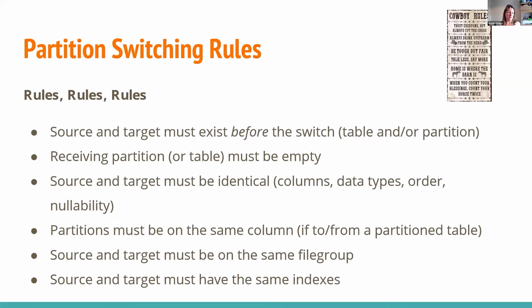So first and foremost, your source and your target objects have to exist. Partition switching does not create objects. You've got to first create your table before you can switch into it. So that one, I think, is kind of straightforward and self-explanatory.